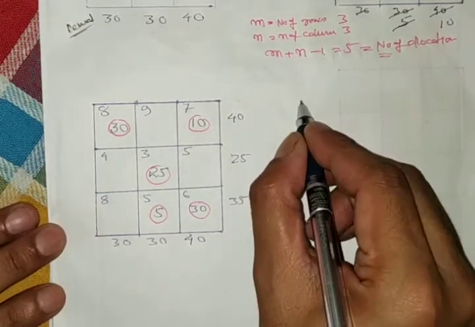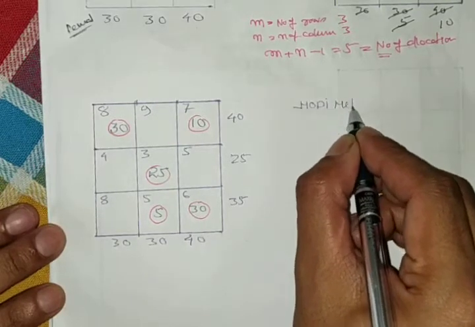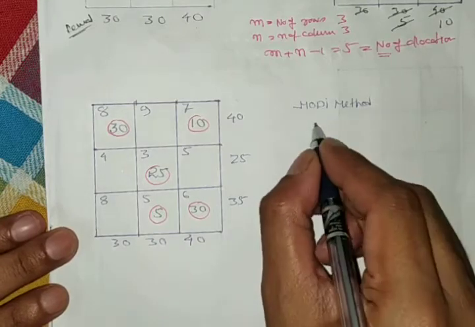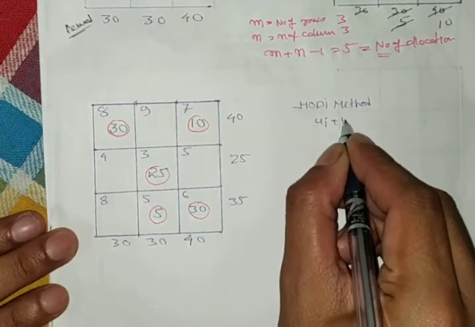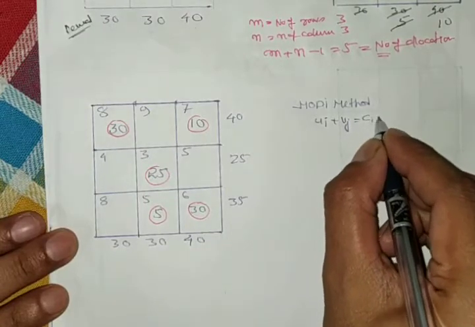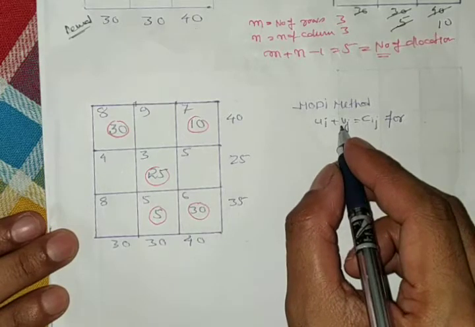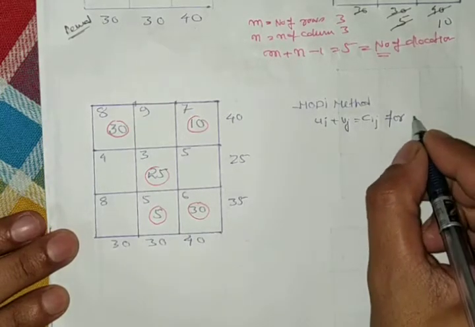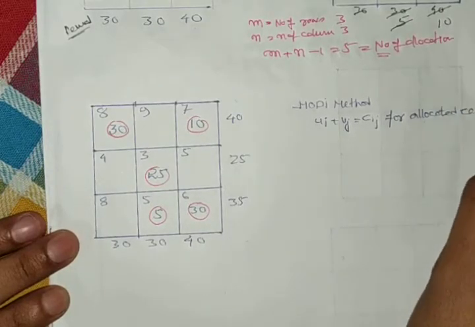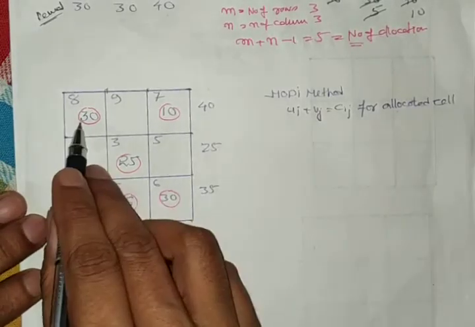So in the MODI method, we have to find out Ui plus Vj is equal to Cij for the allocated cells. So the allocated cells are these ones.